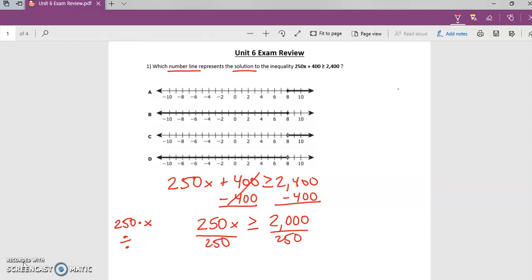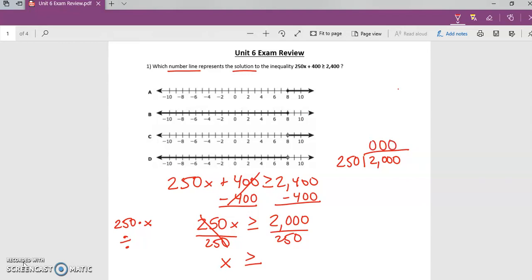When I divide these by 250, this cancels, and I'm just left over with x greater than or equal to. And when I try to say, okay, what's 250 when it goes into 2000? 250 goes into 2 0 times, into 20 0 times, into 200 0 times.